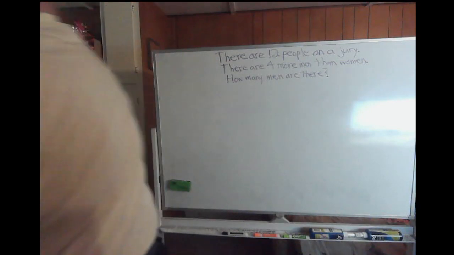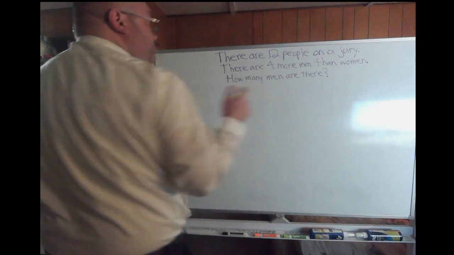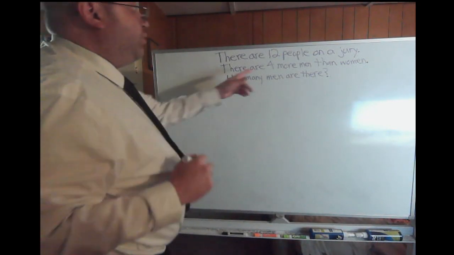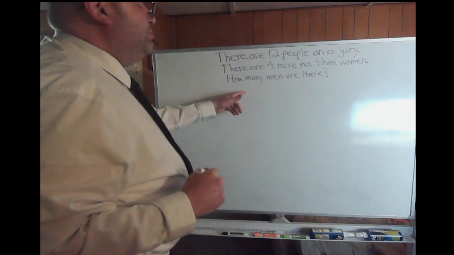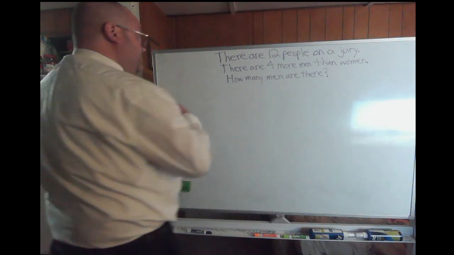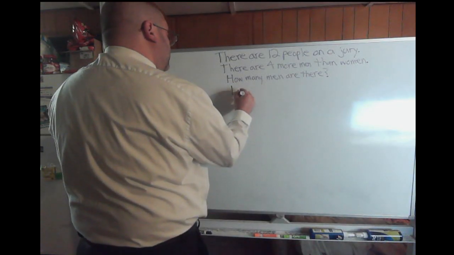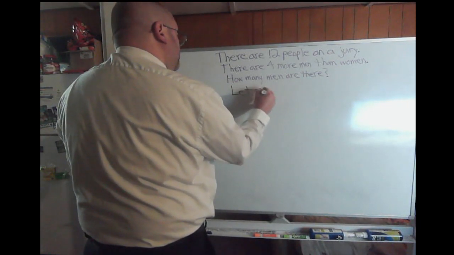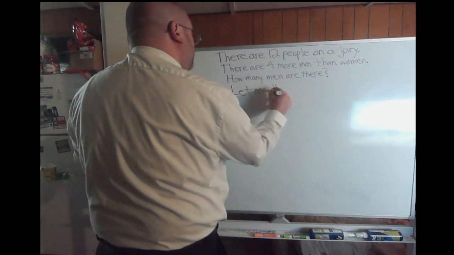Alright, so we got 12 people on a jury. There are 4 more men than women. How many men are there? Well, again, let's start out with a let statement. We'll let M equal the number of men.